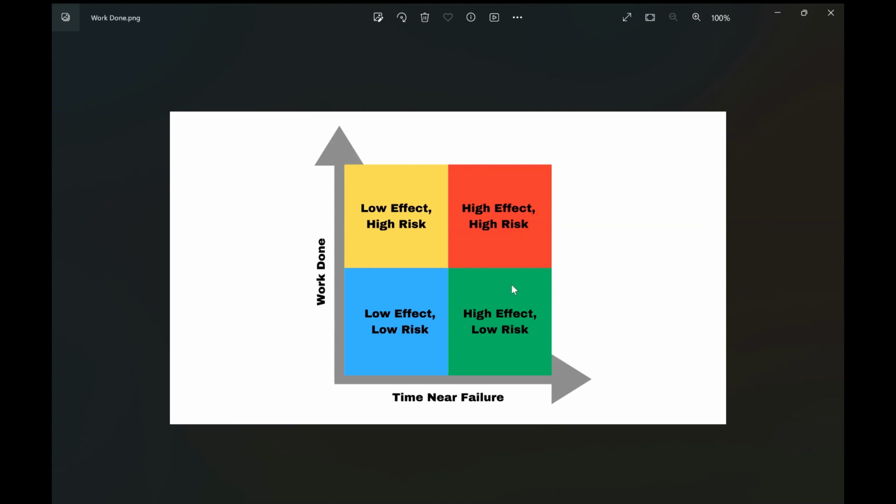This is a high intensity approach. This is what it would look like, trying to spend a lot of time near failure while doing little work. And so this is going to have a high hypertrophic effect while incurring very little risk on you if you're doing things properly. And up here, you have your traditional high volume approach to training, 4 to 6 days in the gym, multiple sets per exercise, rest in between, so you can do more repetitions than you would if you just went straight through. 15 to 20 sets per muscle group per week, this sort of thing.